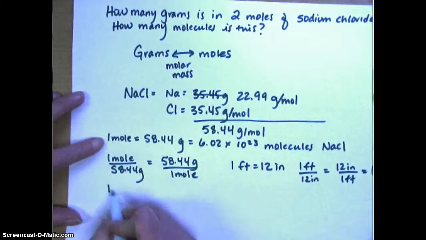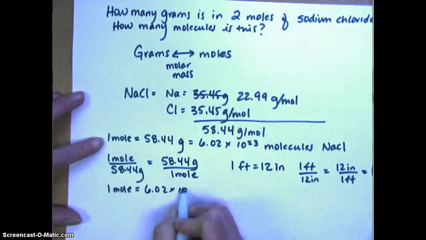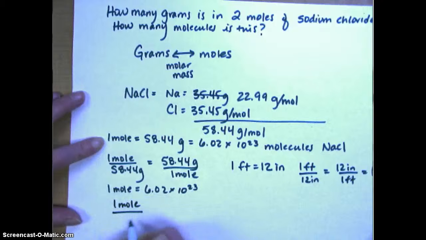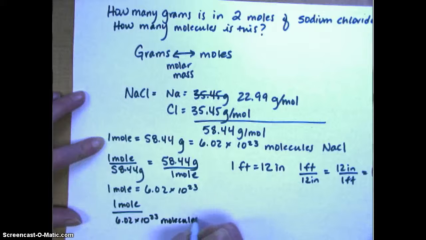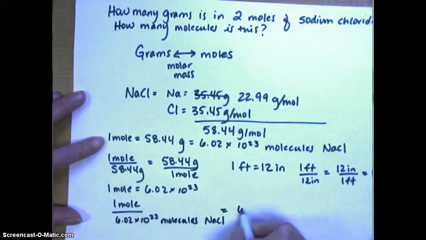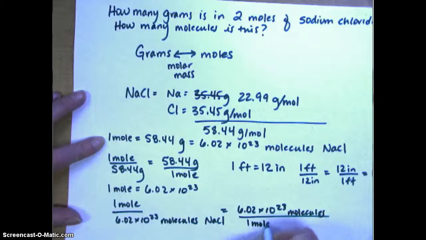Also, we say that 1 mole equals 6.02 times 10 to the 23rd atoms or molecules. So we can write that as a ratio: 6.02 times 10 to the 23rd molecules of NaCl in this case, and that equals the other way around, 6.02 times 10 to the 23rd molecules is equal to 1 mole.